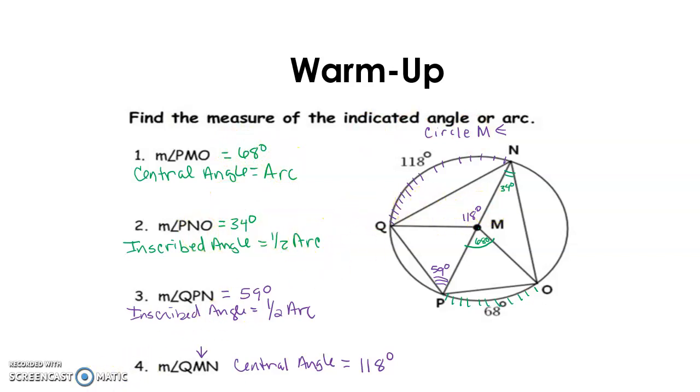One thing I do want to mention, just as a little FYI, when I look at Q, N, O, P, notice that this is what we call an inscribed polygon, and it could be in any order.